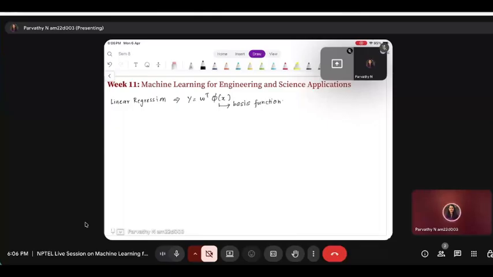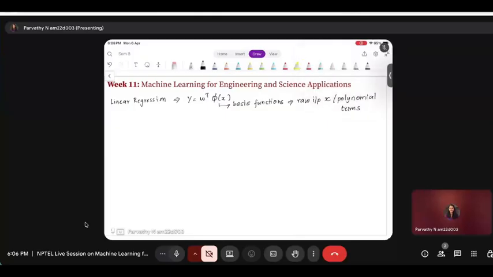What all this would include is any raw input, which can be x, or it can be polynomial terms such as x square, x cube, etc. So, this was the linear regression setup.